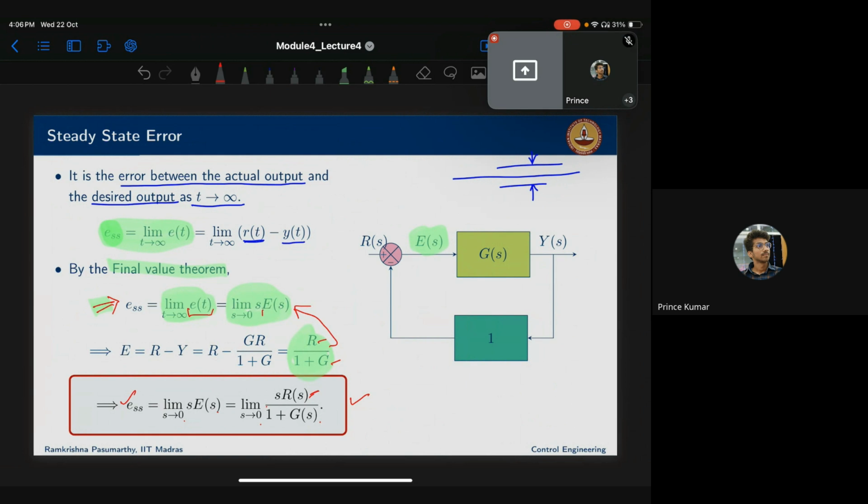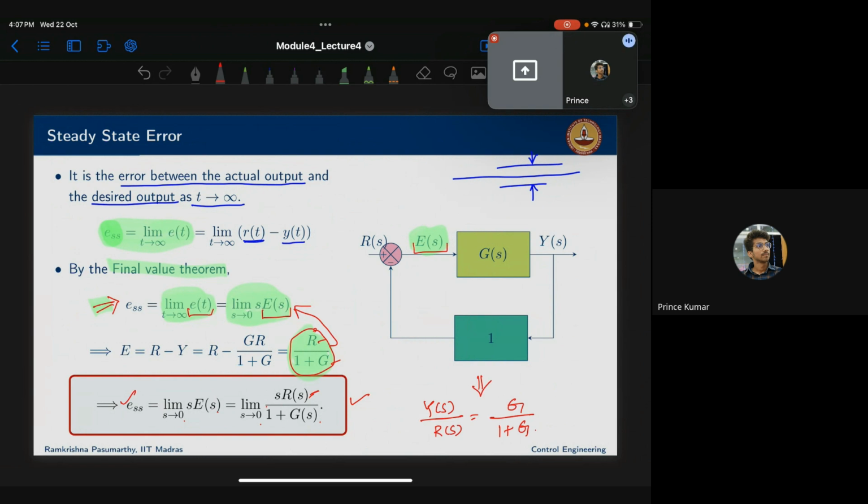If you find the Laplace transform, that will be E of s. So here in this image, what is E of s? This expression. Is this clear? Now this is the image for Y of s by R of s, that will be like Z by 1 plus G. Is this clear?